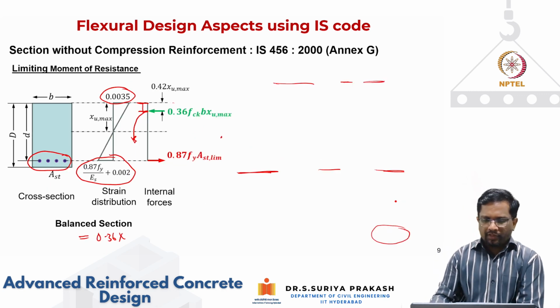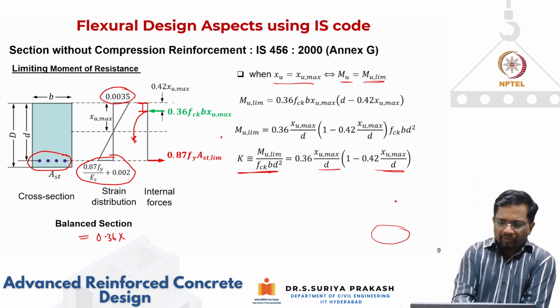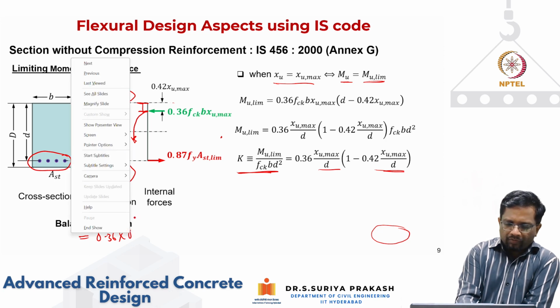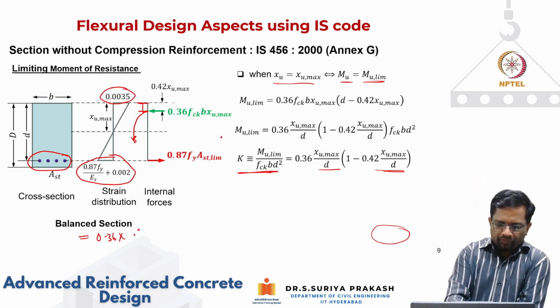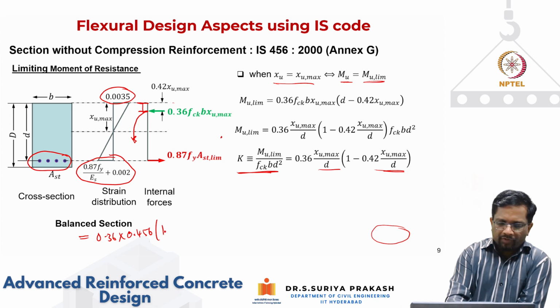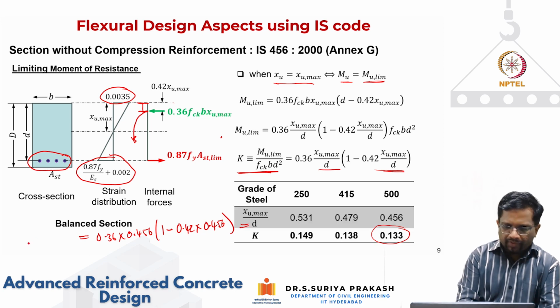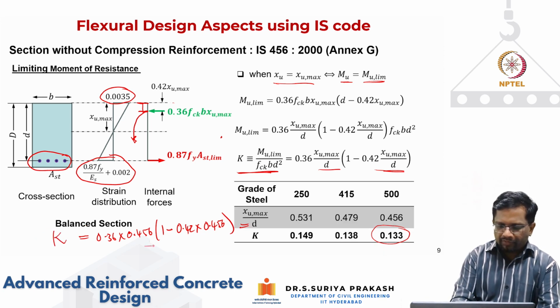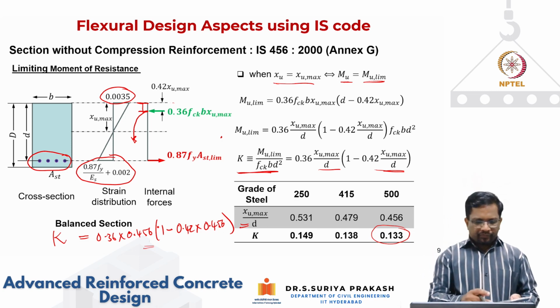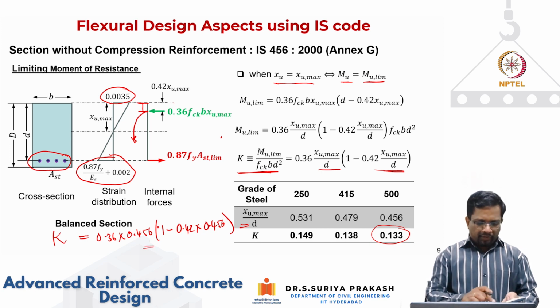So if you substitute that, you get 0.36 times 0.456 multiplied by 1 minus 0.42 times 0.456.